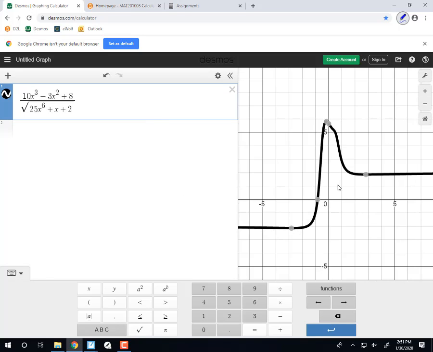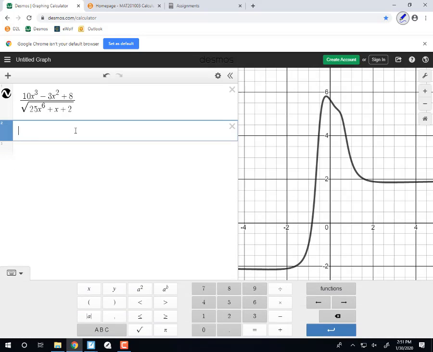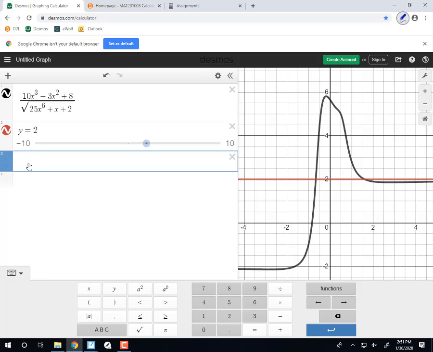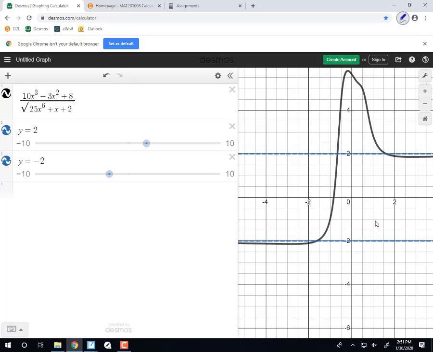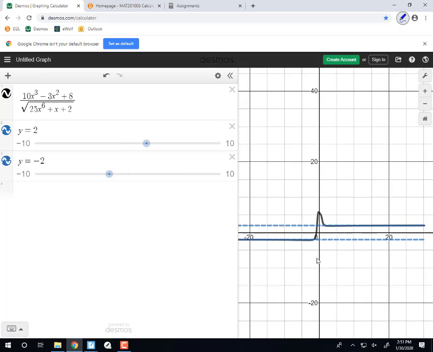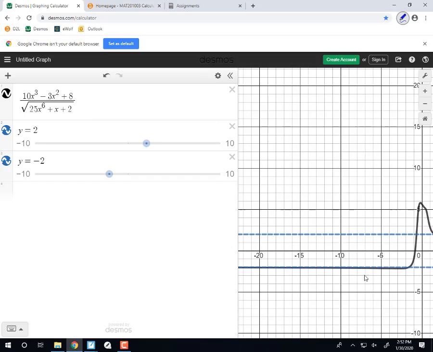Okay, so there's that weird function right there. We have 2 horizontal asymptotes. All right, so as we approach positive infinity, notice our function approaches +2. And as we approach negative infinity, the function approaches -2.